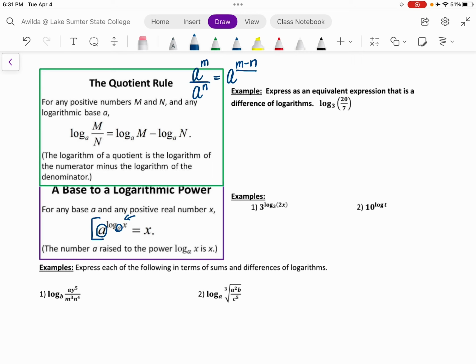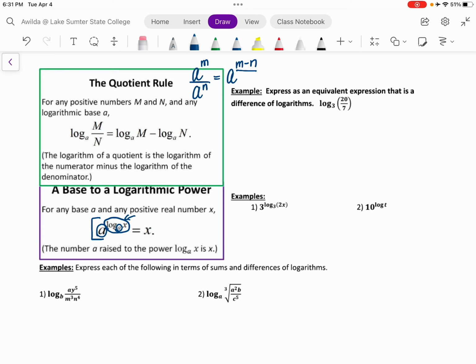Well, whatever that answer is, that's what's being written here as the power. So these two operations ask the same question and then go in reverse, and so you end up with just x. Said another way, the number a raised to the power logarithm base a of x is simply x.